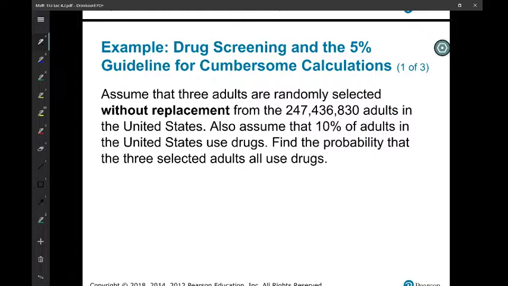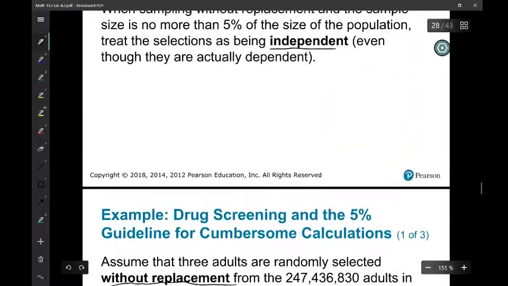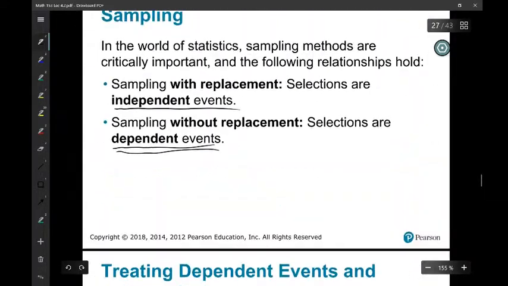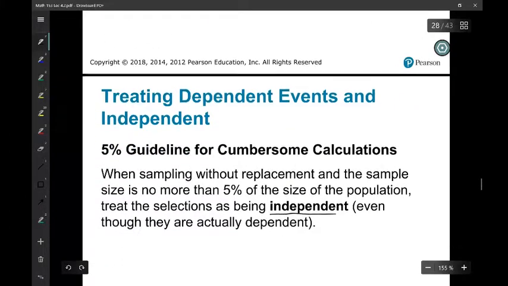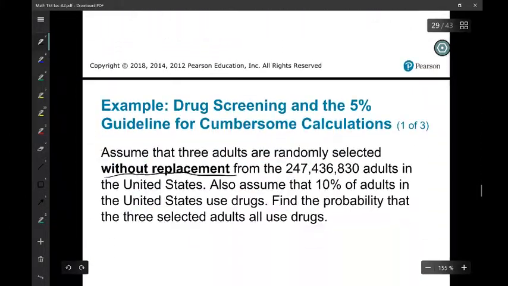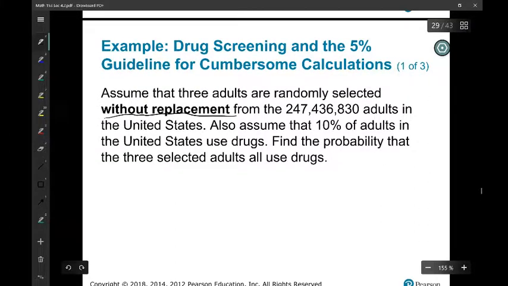So assume that 3 adults are randomly selected without replacement. So without replacement would mean technically dependent events, but we're talking about 3 adults from the 247,436,830 adults in the United States.